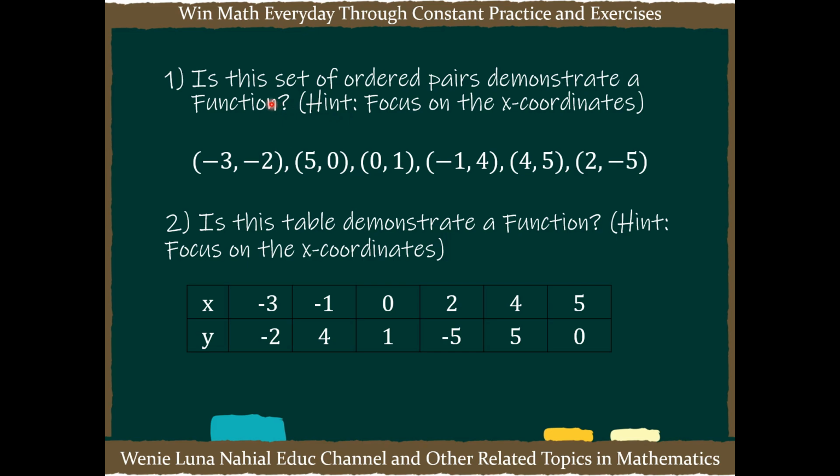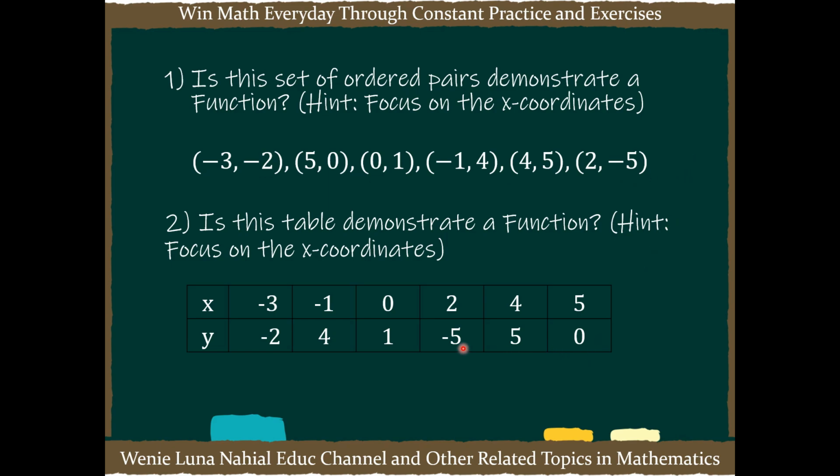So here, the first illustration, let's focus on the x coordinates of the ordered pairs. You see that no two ordered pairs have the same first components. So by that, we can say that this illustration is a function.